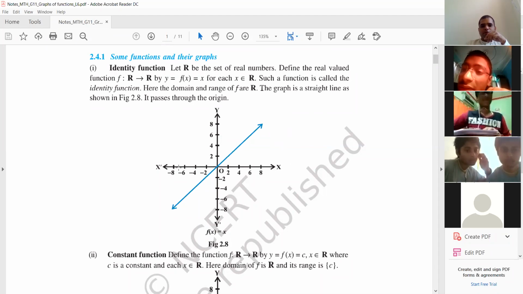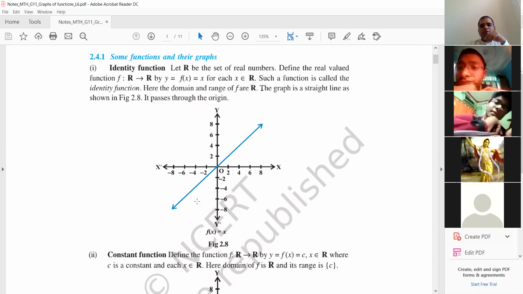So which values of x is this function taking? It is taking all the values of x, from minus infinity to plus infinity. So the domain of the function is real, R. R means all the values of x.